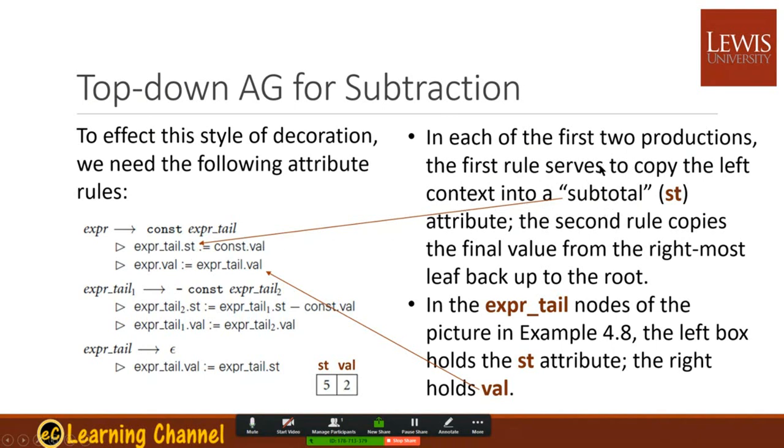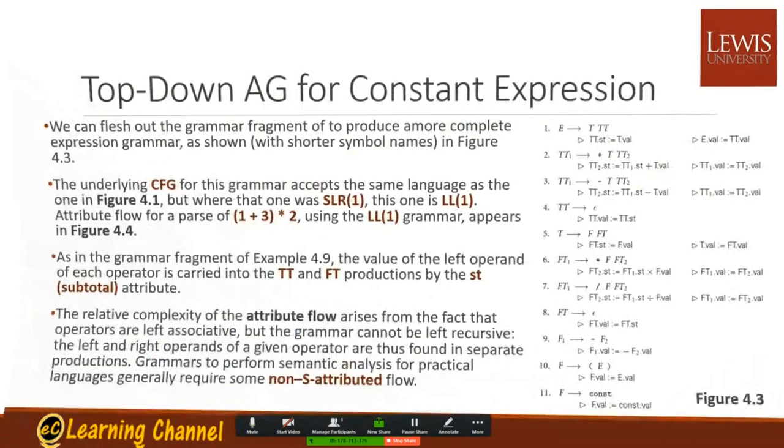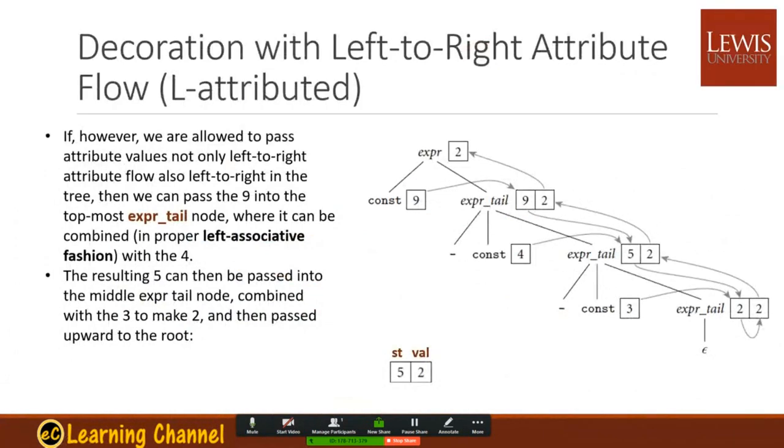So basically, the first one is to copy from the parent to the child, the L shape.